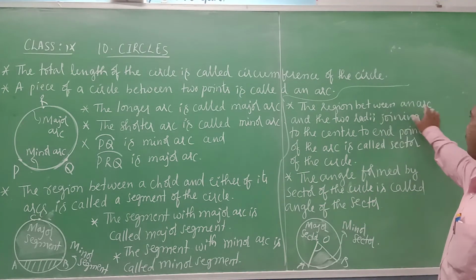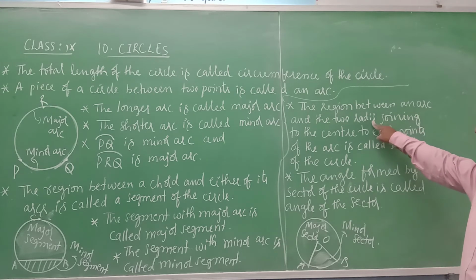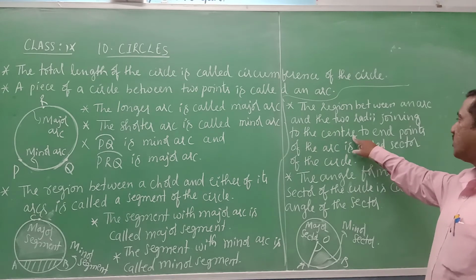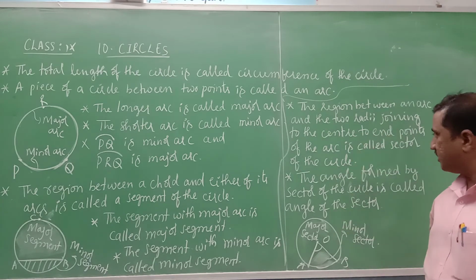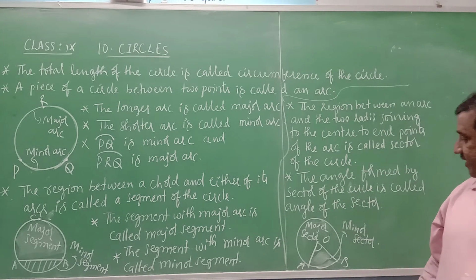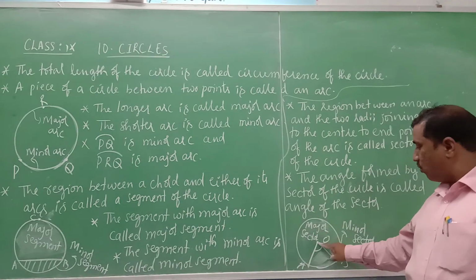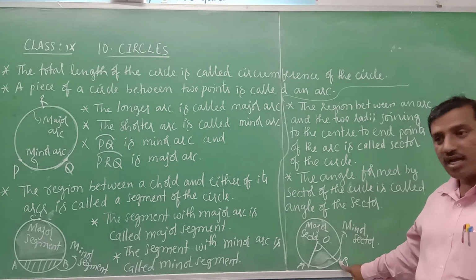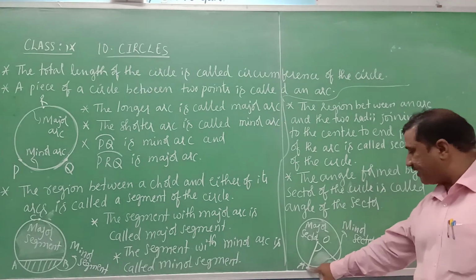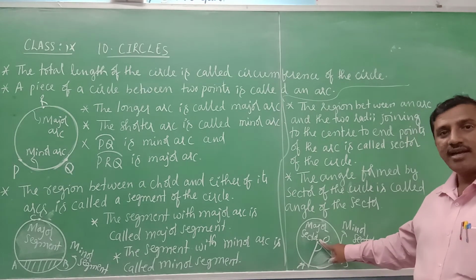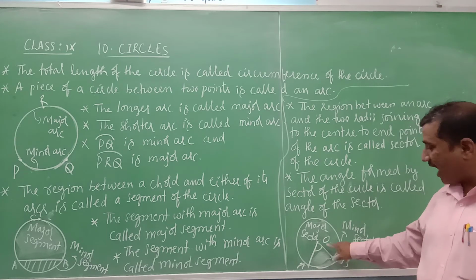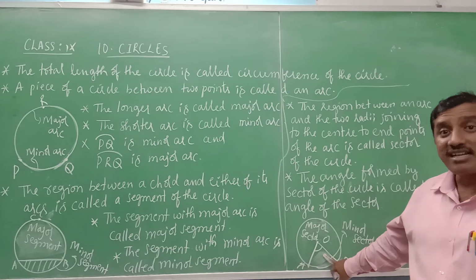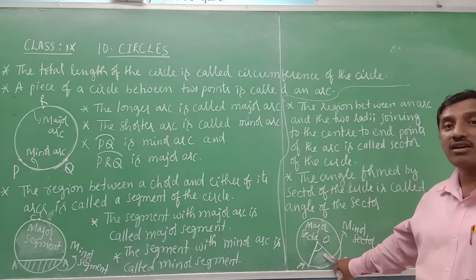Now, the region between an arc and the 2 radii joining the center of the circle to the end points of the arc is called a sector of the circle. See this picture? This O is the center of the circle, and AB is the arc. The end points of the arc, that is A and B, are joined to the center by 2 radii. This region is known as a sector of the circle.